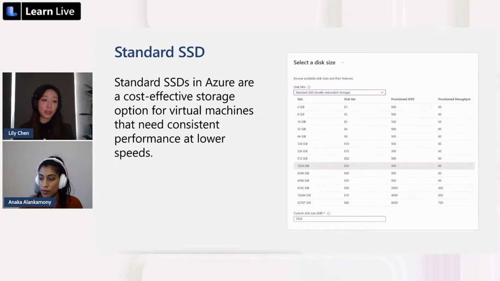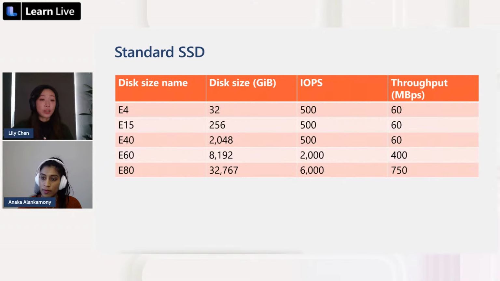Standard SSDs are available on all Azure VMs, no matter what size. So this table has examples that illustrate the performance characteristics of standard SSDs at several sizes. So you can see up until E60 disk size, you get a max IOPS about 500, but it scales as you increase the capacity of the disk.